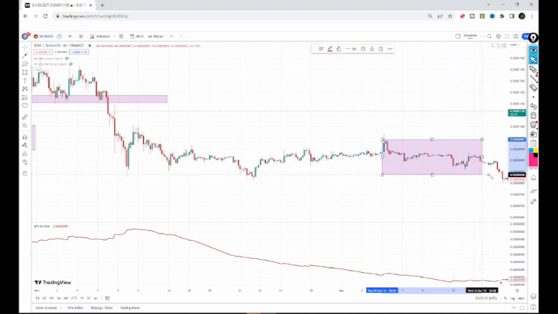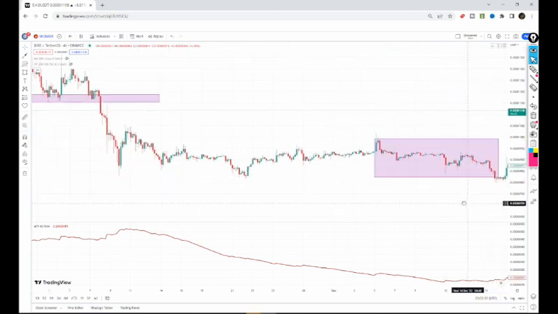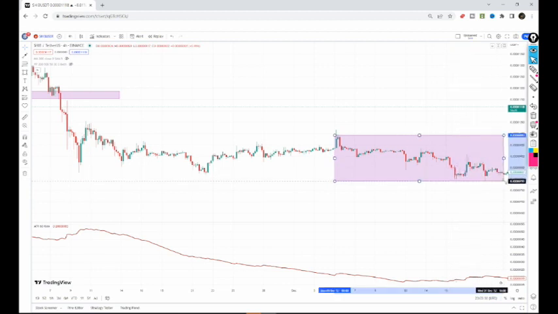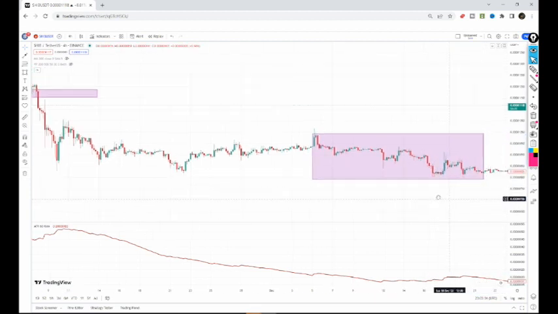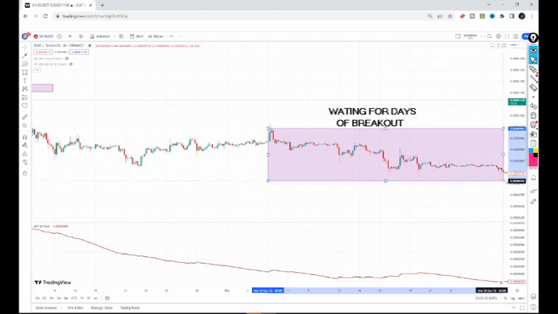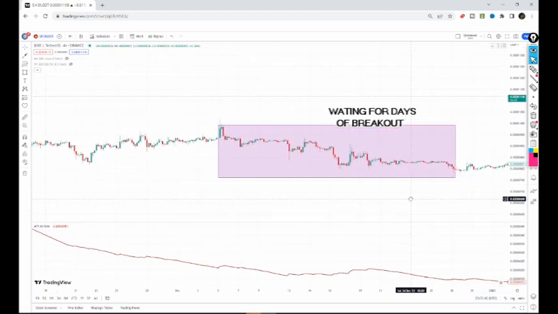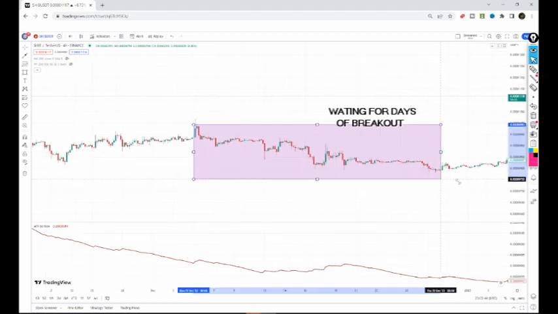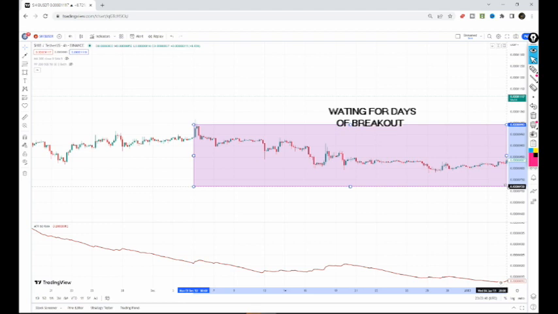You should be moving it out. What you are waiting for is breakouts. We're waiting for a breakout.